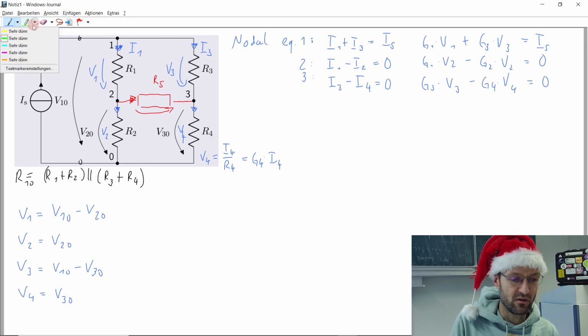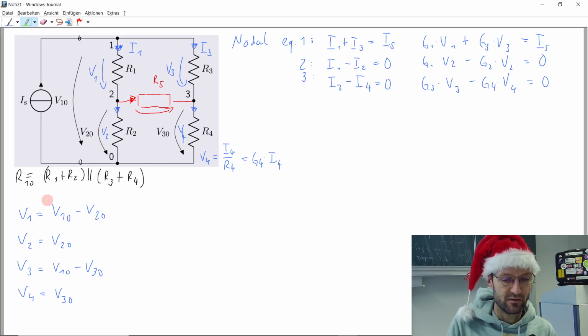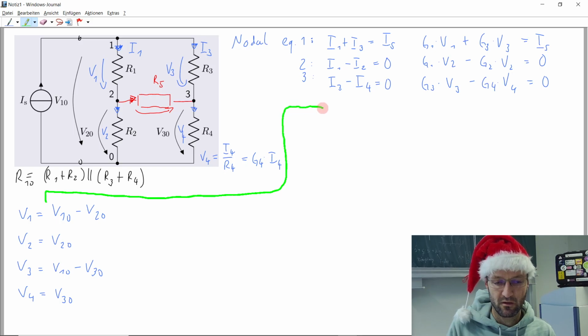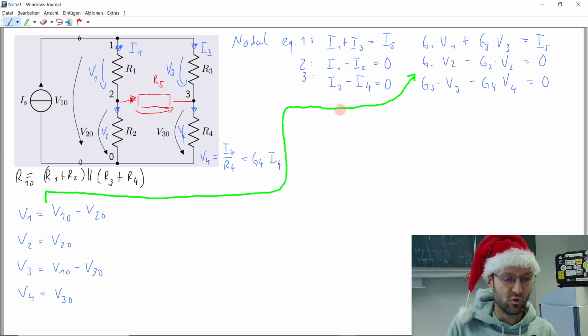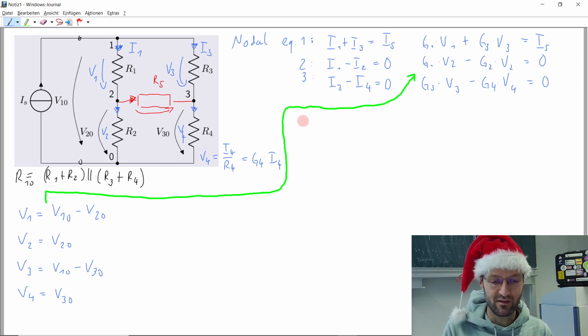And so now we will take this set of equations and insert it there. And then we get a longer set of equations. Luckily, I have some space here. So G1 multiplied with V10 and then minus G1 multiplied with V20. This is this term.